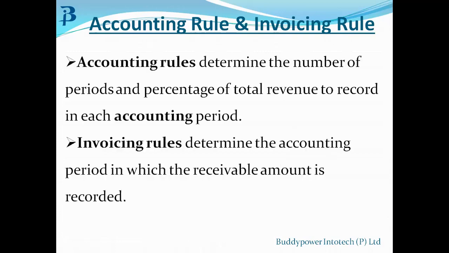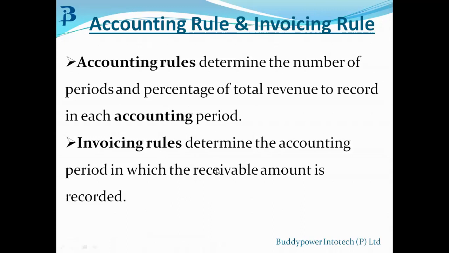Accounting rules determine the number of periods and percentage of total revenue to record in each accounting period. Whereas your invoicing rules determine the accounting period in which the receivable amount is recorded.